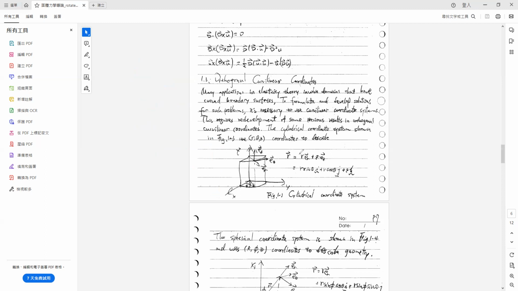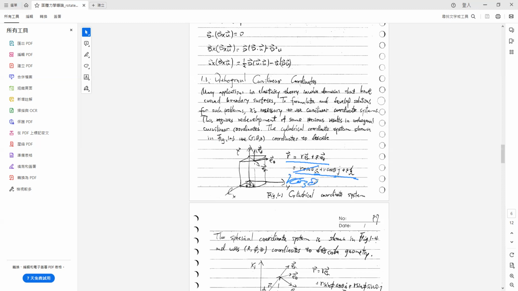First, we talk about the cylindrical coordinate. If we use the cylindrical coordinate to describe the location vector, it is r times vector er plus z vector ez. When we transform into Cartesian coordinates i, j, k, sorry, I wrote it wrong here.